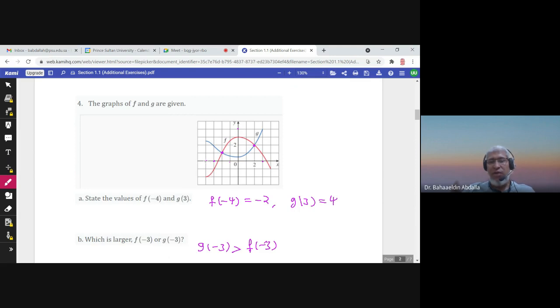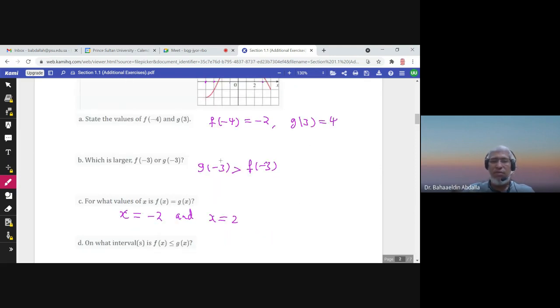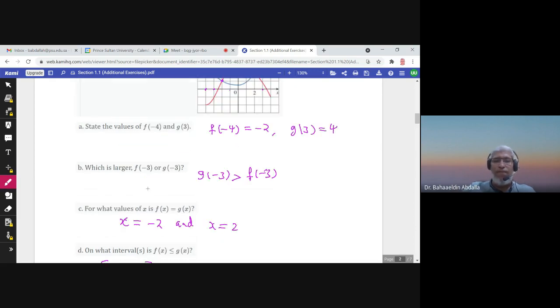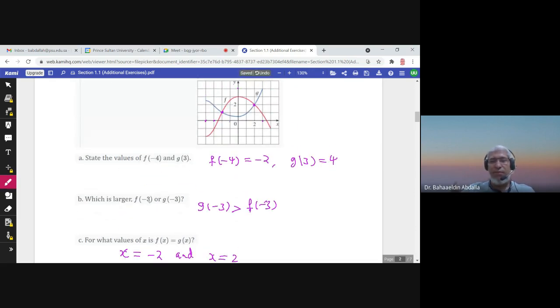So from -4 to -2, f of x is less than g of x or equal.